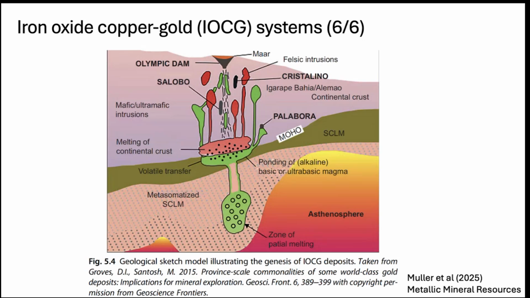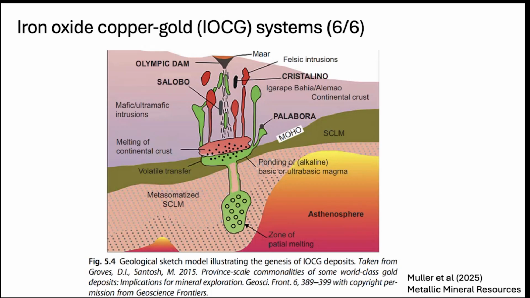And so here's a cartoon, again from the textbook. It's a little complicated, but we have the asthenosphere here, and subcontinental lithospheric mantle here and here. We've generated a partial melt in the subcontinental lithosphere, ponded those magmas at the base of the crust, and then some of those magmas differentiate and come upwards further into the crust, depending on the IOCG.